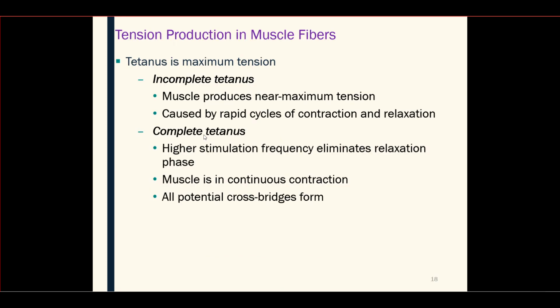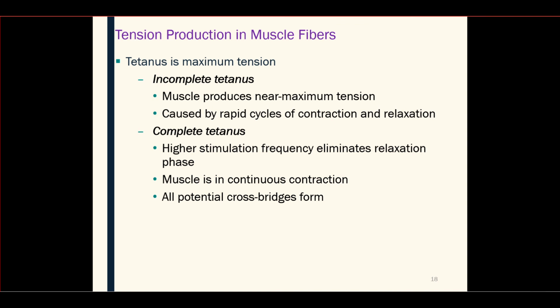Compared to complete tetanus, the stimulation is increased so much that eventually relaxation is gone, it's eliminated, and now we get a more continuous contraction. Okay, and this is the way our muscles contract on a regular basis to produce movement. All right, so that's the way our nervous system is stimulating the muscle fiber.